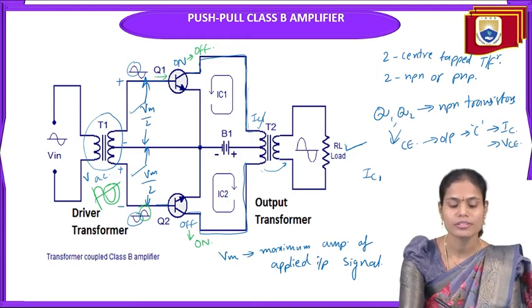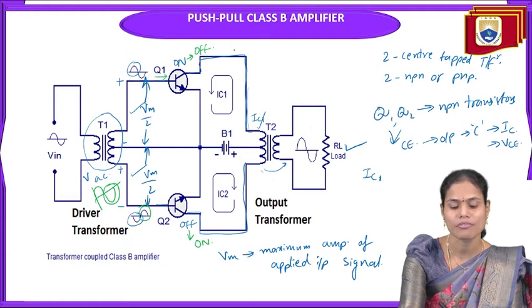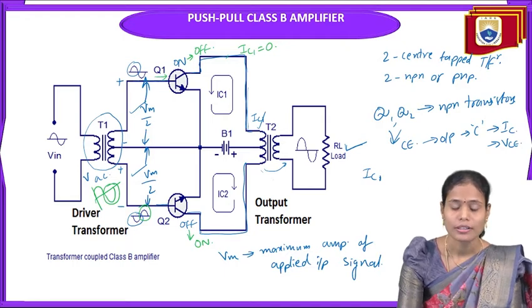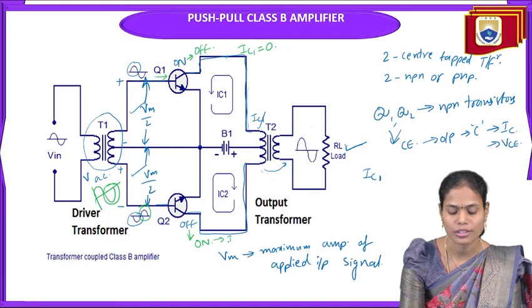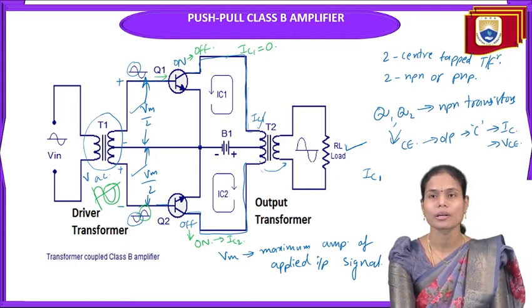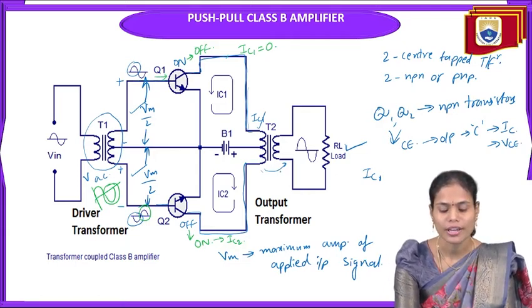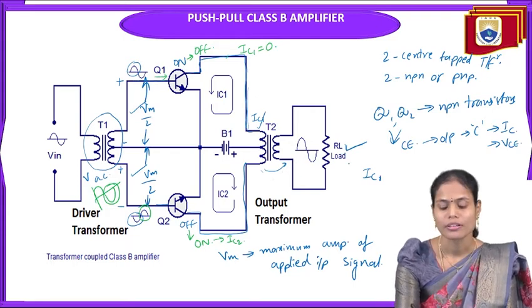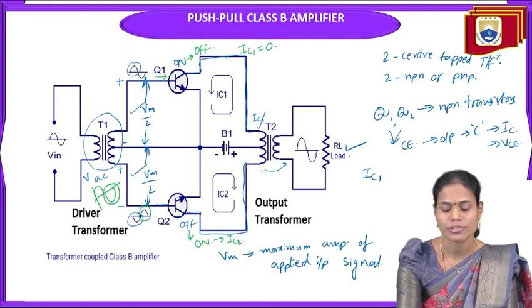So in this case, the transistor Q1 is in off state, so there is no flow of collector current IC1 in the circuit. But the transistor Q2 is in the on state, so there is a flow of collector current IC2 in the circuit, and that is connected to the secondary winding of the center tap transformer, and due to the mutual inductance that is transferred to the primary winding, and from there we can measure the output voltage across the load resistance RL.